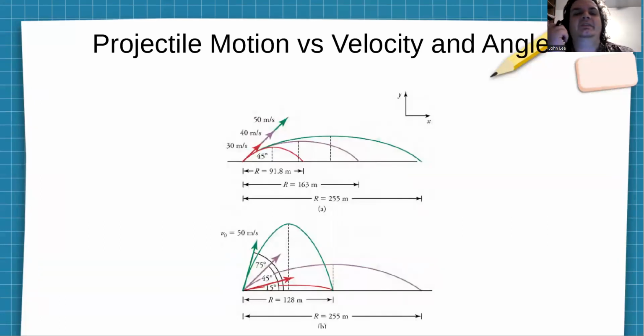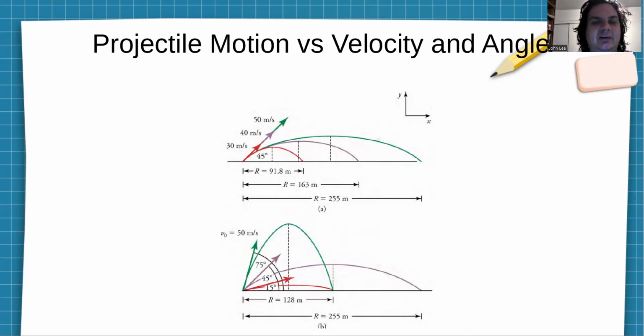So another thing to note is that projectile motion is dependent on the initial x and y velocities. The x and y velocities come from the initial velocity and the angle that's made, or the magnitude of the initial speed as it comes out of the cannon or as it comes out of your hand or whatever you're doing to throw a projectile.